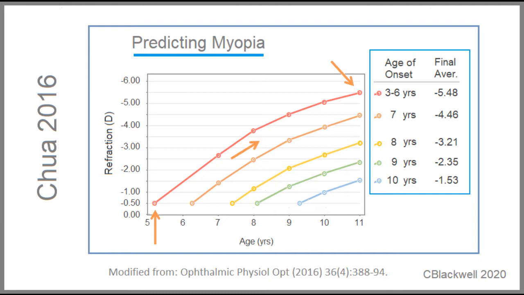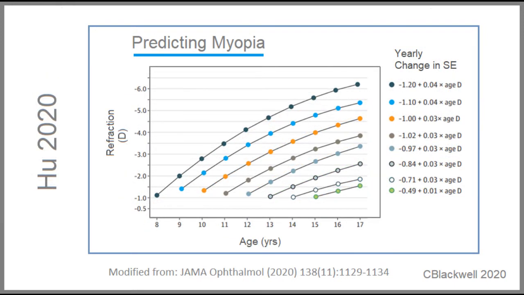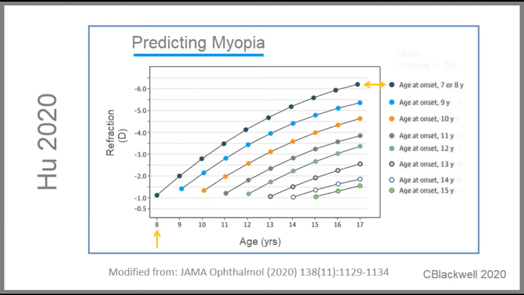As a practical matter, in making a treatment decision, if your aim is to prevent myopia over 3 diopters, according to this chart, you would treat children who developed myopia at age 8 or younger. Here is another version of the same graph strategy, but the age range is 8 to 17 years. In this study, if myopia started at age 8, by age 17 the average refraction was over -6 diopters.